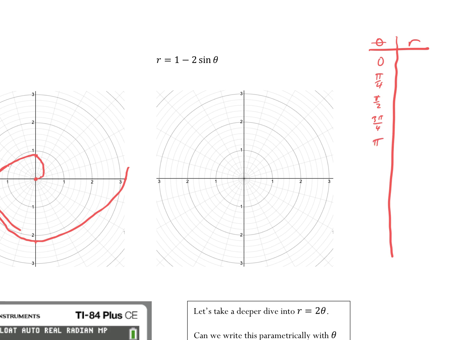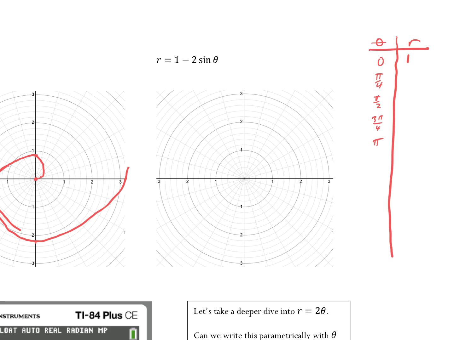Let's start here. You guys, what's my first point? What's my radius of the first point gonna be? 1. Second point? I need to look at it. It's 1 minus root 2, not pi over 2, sorry.